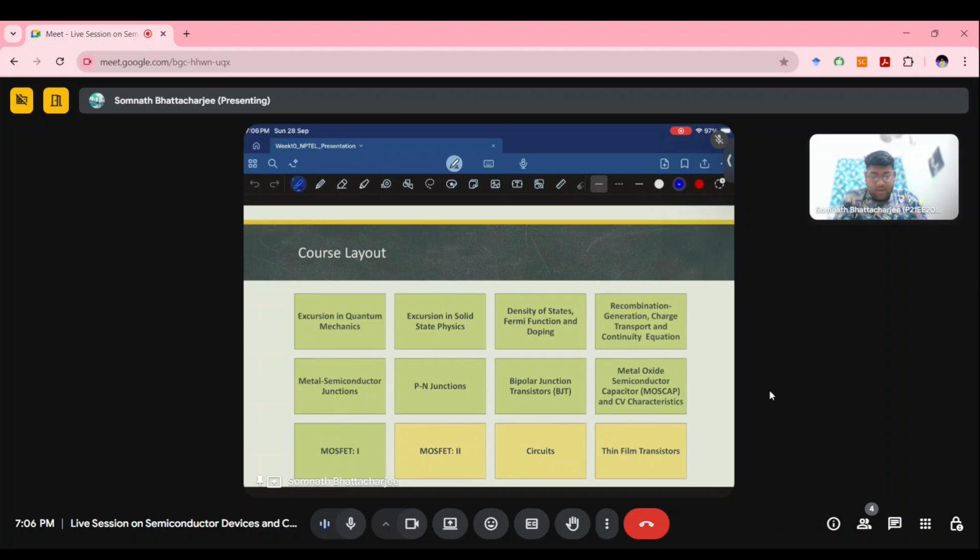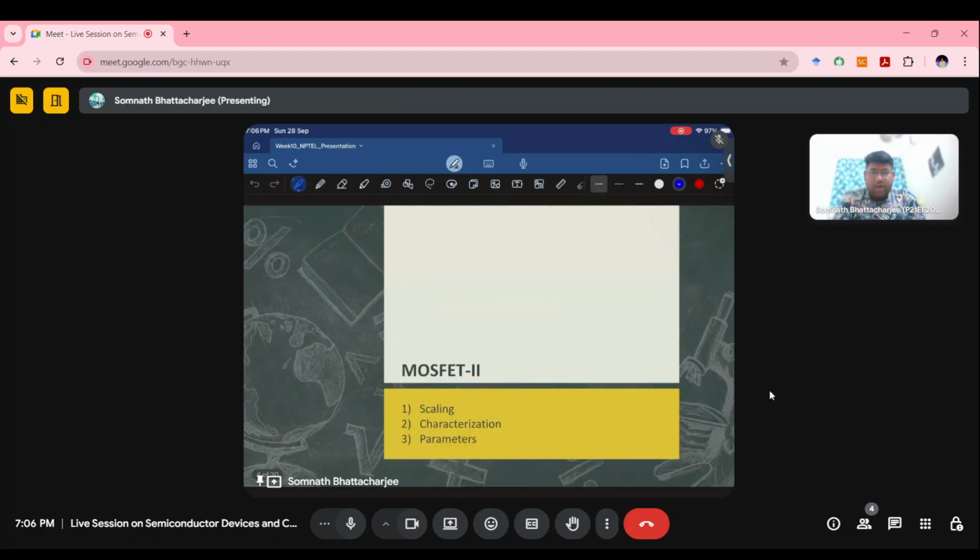Right now we will understand how we can scale the MOSFET down, that is different types of scaling, how we can characterize this MOSFET, and based on those characterizations, how we can extract key parameters like the mobility, the VTH, the subthreshold swing, subthreshold slope, trap interfaces and those things. So we'll learn about that.